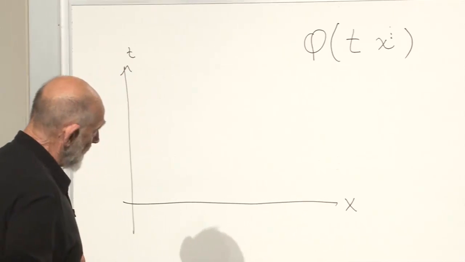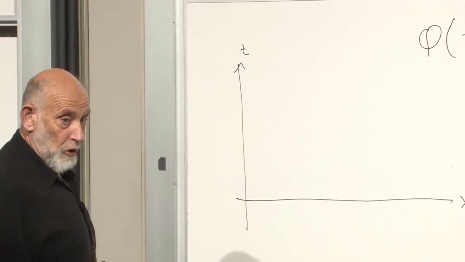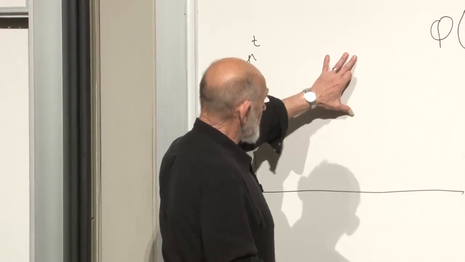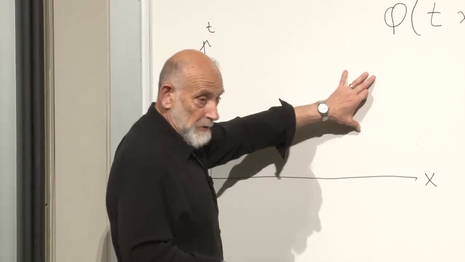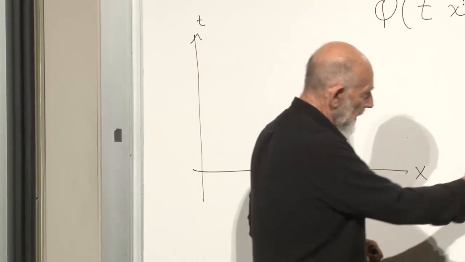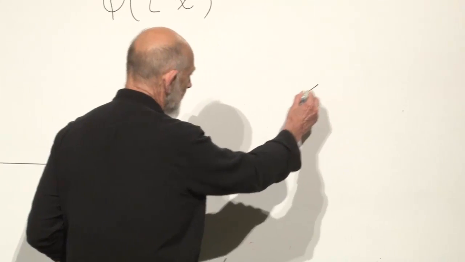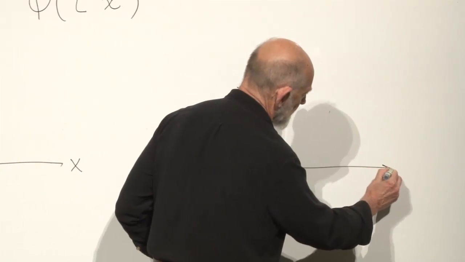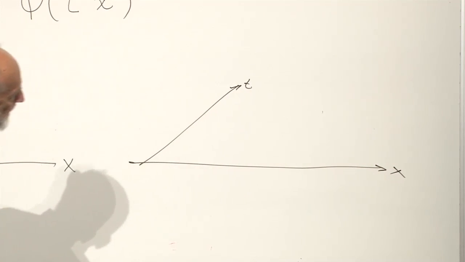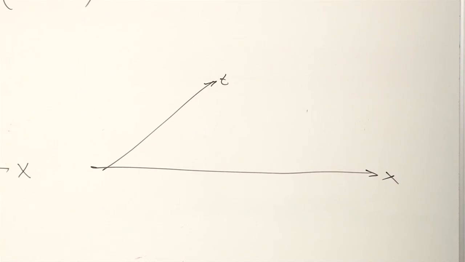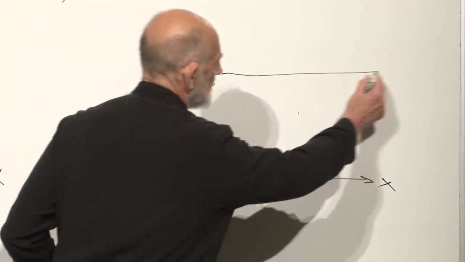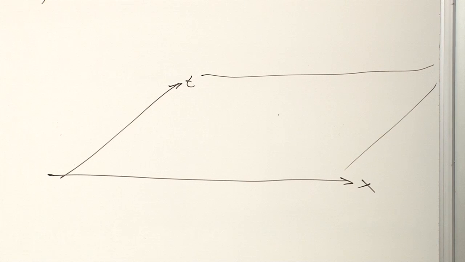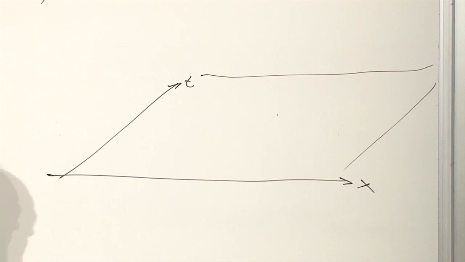And phi, I don't have enough axes to draw it, but phi would just be a field which has a value at every point of space and time. Oh, I can draw it. Here, we'll draw it this way. T goes this way. X goes this way. This is intended to be a drawing of a horizontal plane. And the value of the field, whatever it is, on the vertical axis.